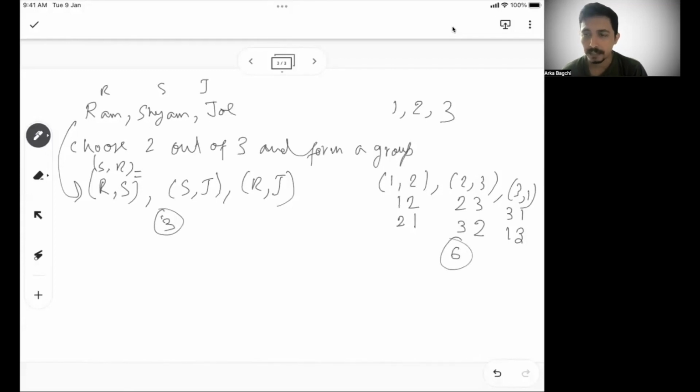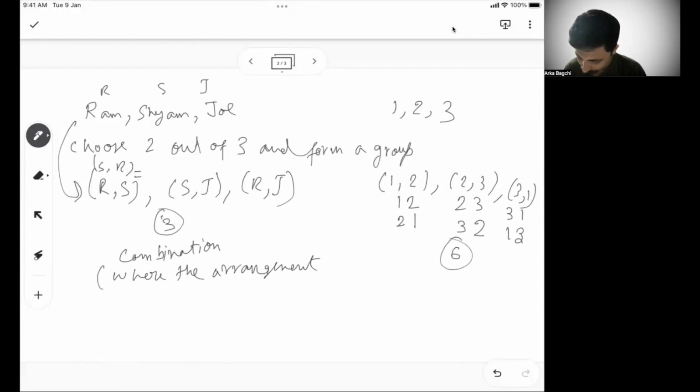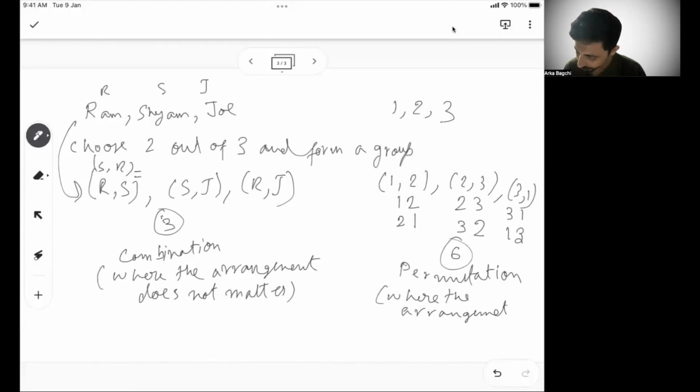Then you have to arrange them together. The first part is called combination, where the arrangement does not matter. The second part is called permutation, where the arrangement matters.